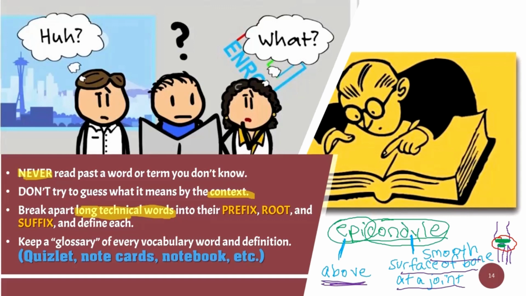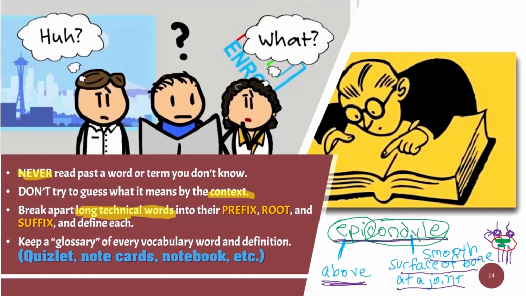Those are condyles. So an epicondyle would be above the condyles. It would be these two bumps above the condyles. So that's what an epicondyle is.